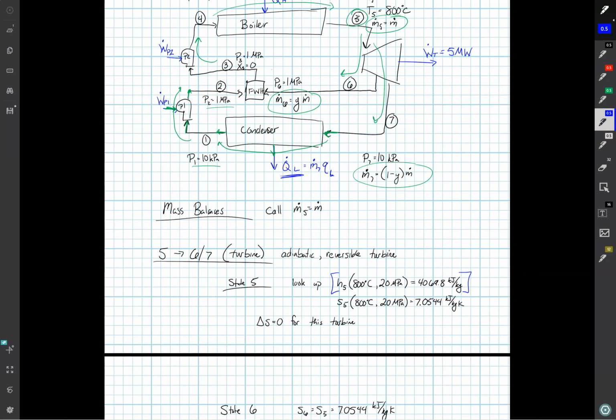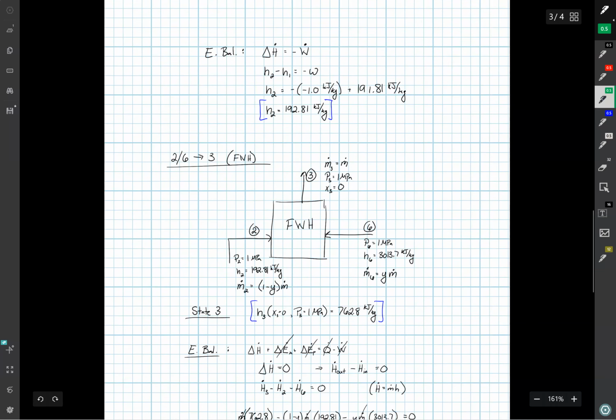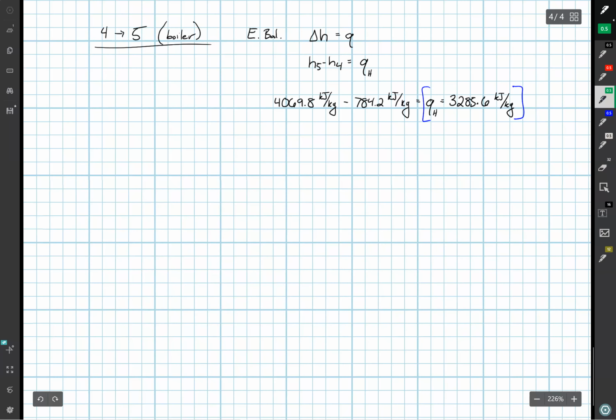To find the mass flow rate, we need to know something about the power. The information that we're given in the problem about power is the total power output of the turbine. So we're going to go back to the turbine and use the total power output in order to find M dot.